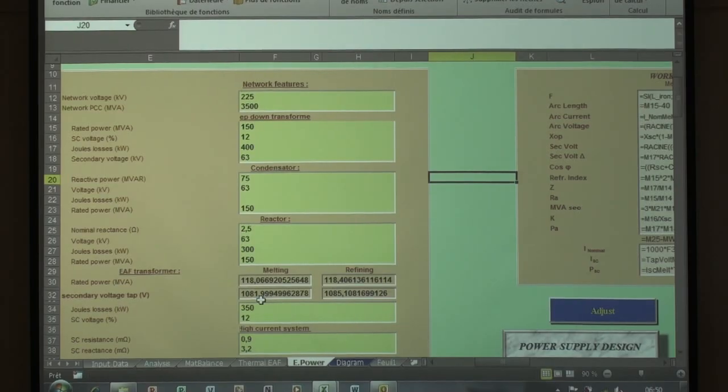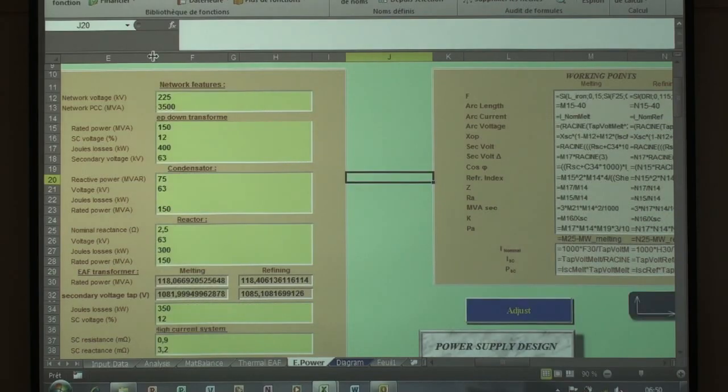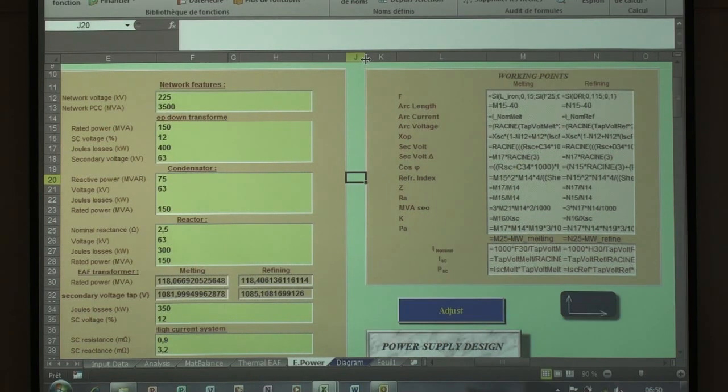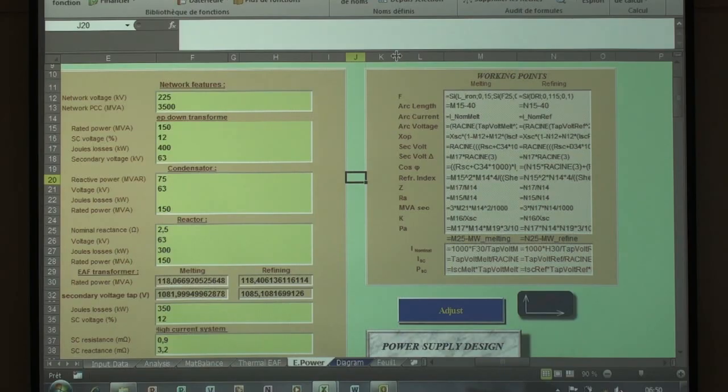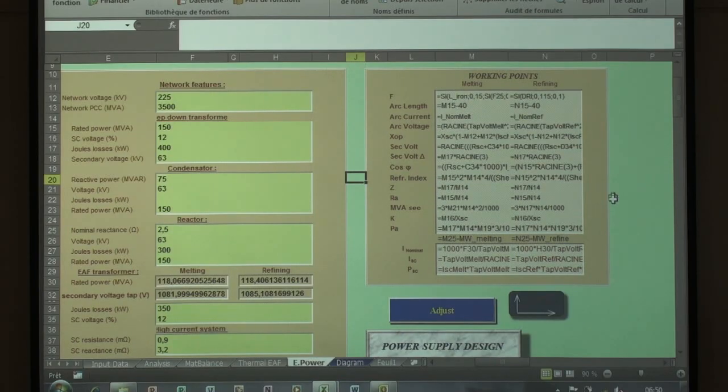Okay, so in the calculation sheet, I have a solver. Because here I define the megawatt melting I want.